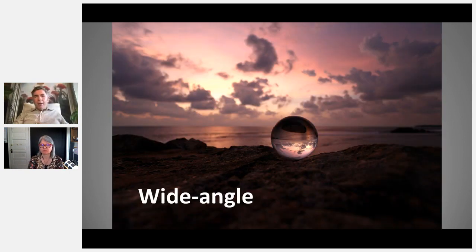Right, so the first thing that you can do, we talked a little bit about wide angle photographs already. In this case, you want to include the background. You think that it complements the image inside the ball somehow, and you just decide to run with that.